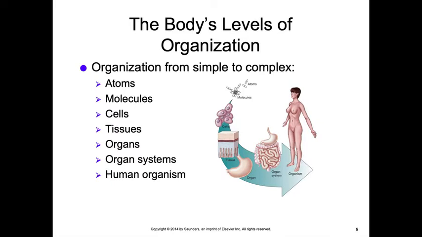Cells with similar structures and functions act together to form tissues, which are groups of cells doing a job that a single cell can't. Different tissues can come together to produce functioning organs, and then organs can come together to form organ systems, and all the organ systems together make up the human organism.